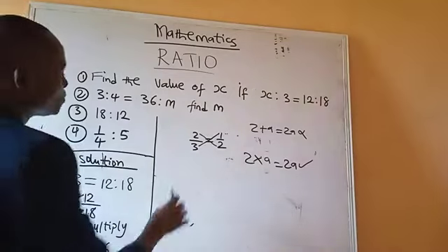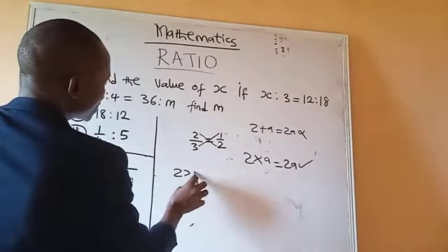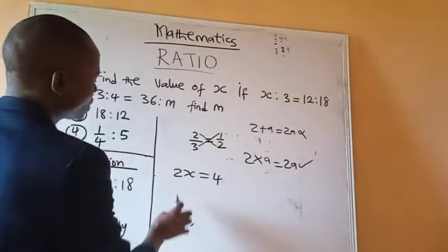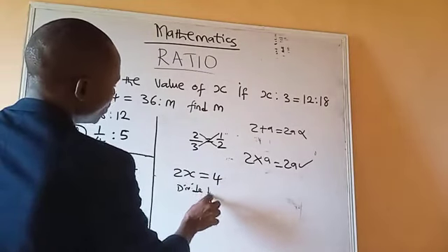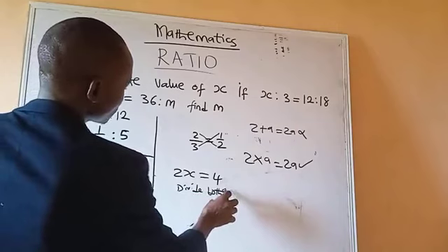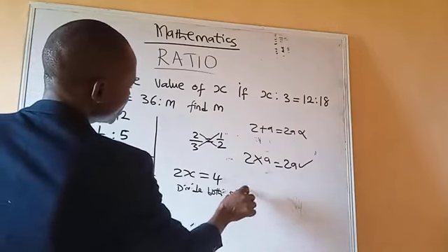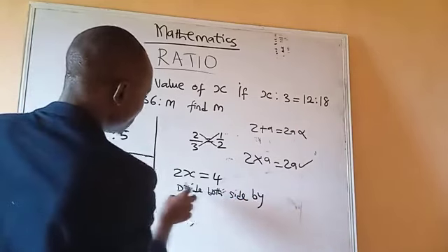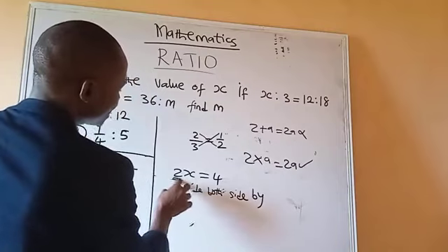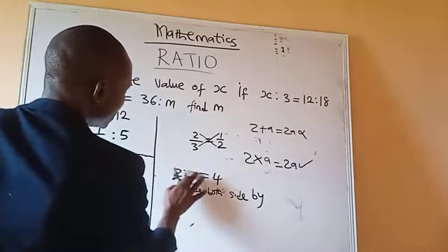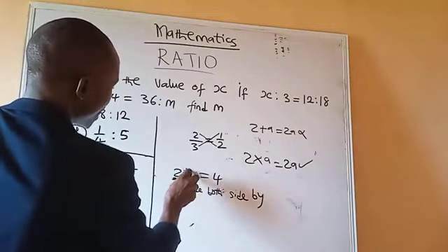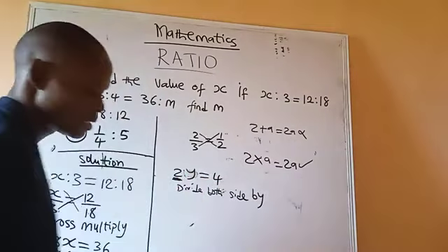For example, if I have 2x equal to 4, I'll say divide both sides by 2, because it's 2 that is attached to x. Even if I change this x to y, it's still an alphabet.